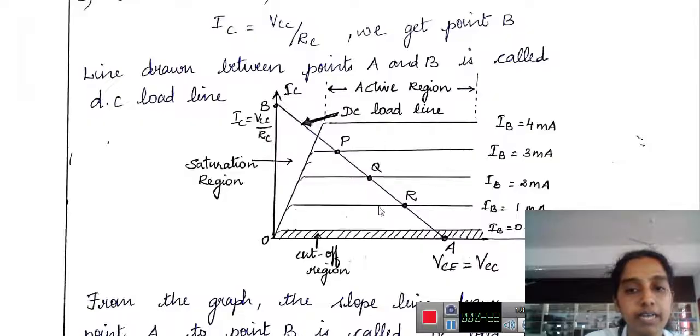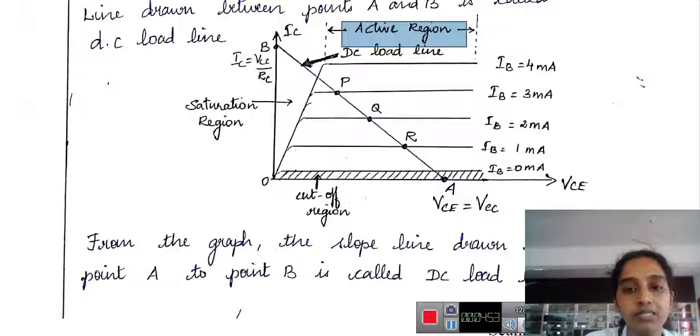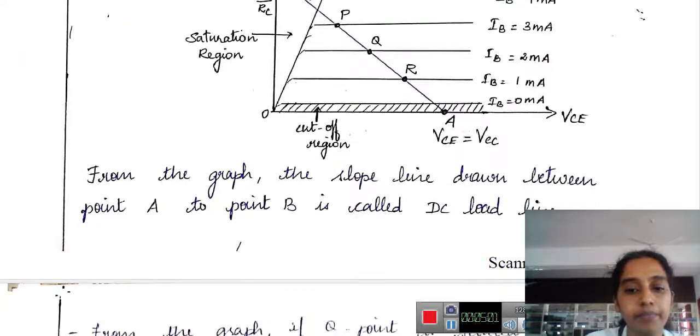This is a general characteristic curve. The transistor has three regions. This region is termed the saturation region, this is the cutoff, and here this is the active region. The straight line from A to B is called the DC load line.